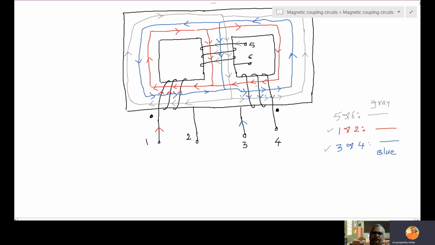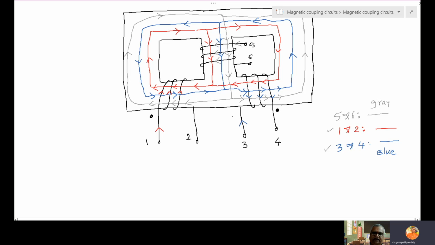Similarly, 3, 4, 5, 6. If I see 3, 4, 5, 6, I should concentrate on blue and gray. So 3, 4 blue, gray, same direction. 5, 6 also blue, gray, same direction. That means if I place a dot at 3, I have to place a dot at 5.